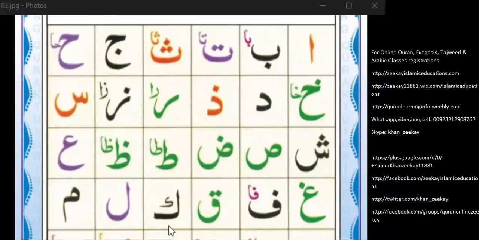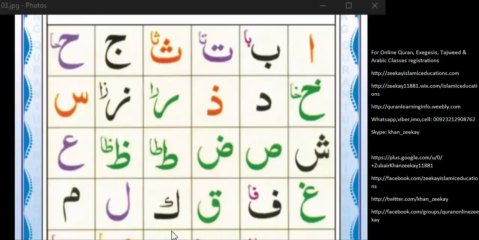Next letter is letter Ta. The origin of this letter is the same as letter Ta. But the difference between them is that one is a whole letter, which we will read as a hard letter, and the other is soft.